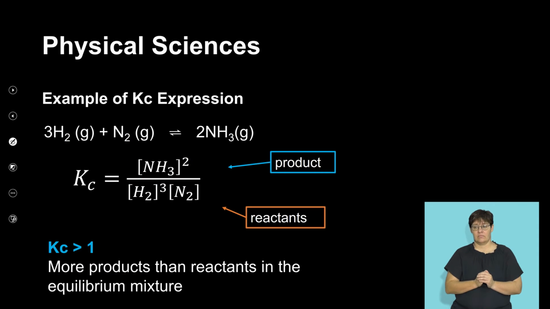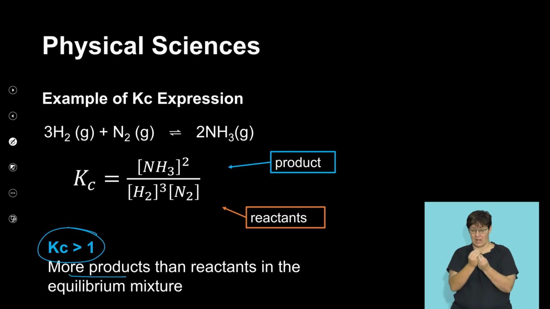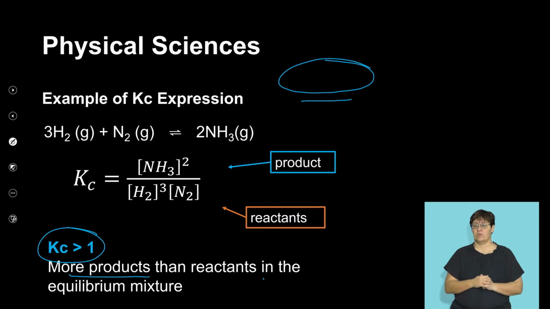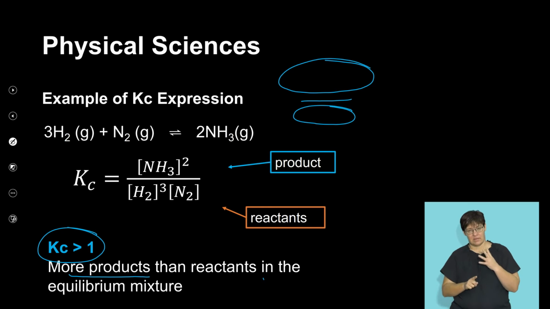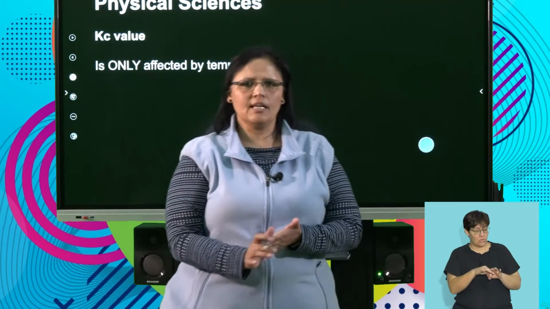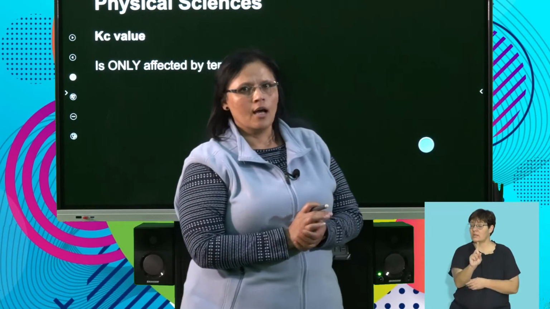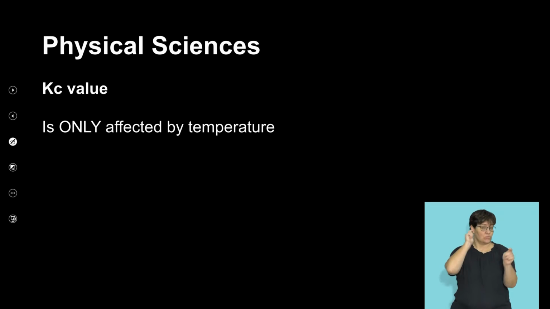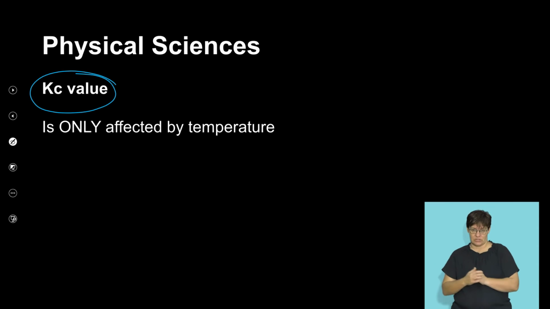When Kc has a value bigger than 1, we know that we have more products than reactants, so we have a big numerator over a small denominator, ending in a number bigger than 1. Then again, I just want to stress that the Kc value is only affected by temperature. Only when temperature changes will our Kc value change.